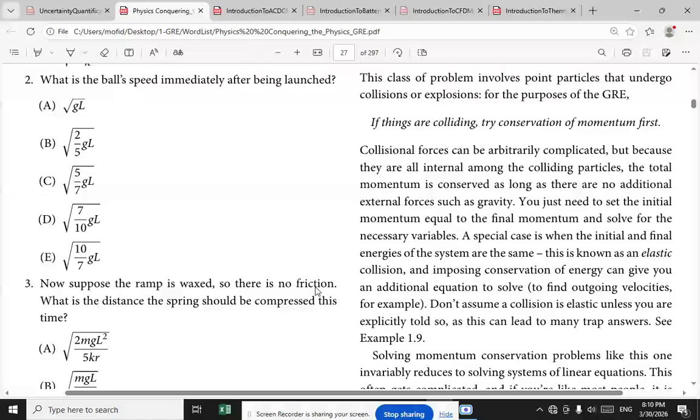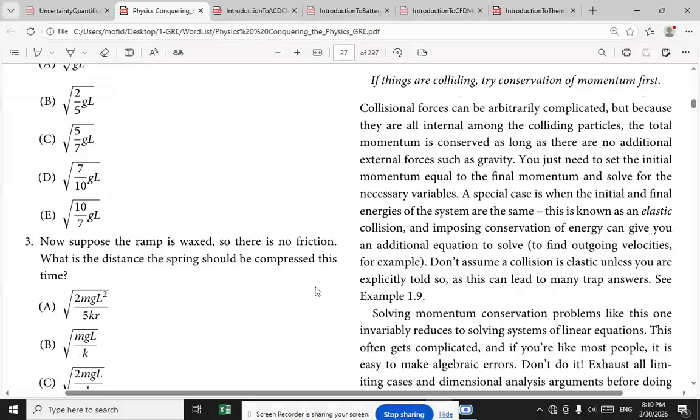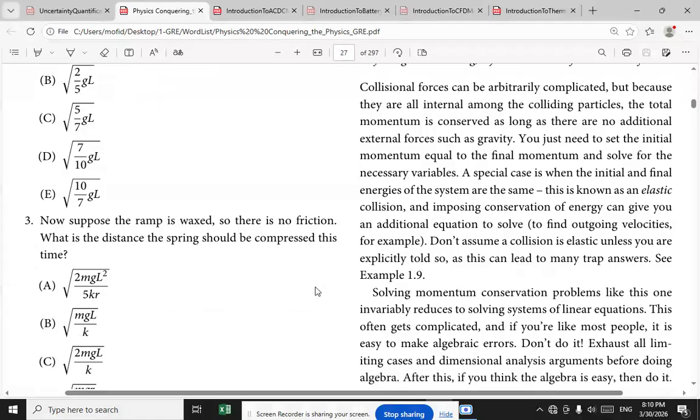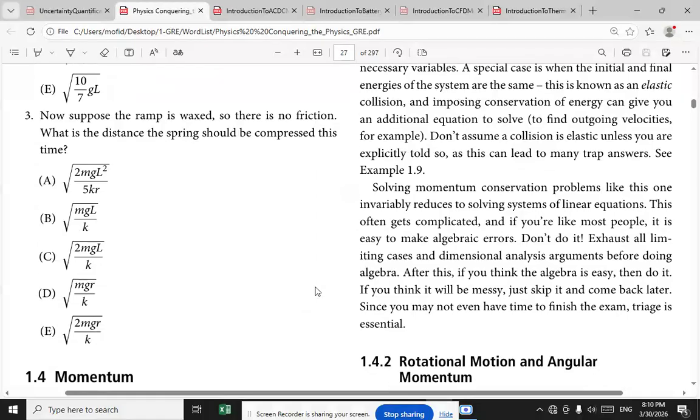This is known as an elastic collision, and imposing conservation of energy can give you an additional equation to solve for outgoing velocities. However, don't assume a collision is elastic unless you're explicitly told so, as this can lead to many trap answers. See example 1.9.